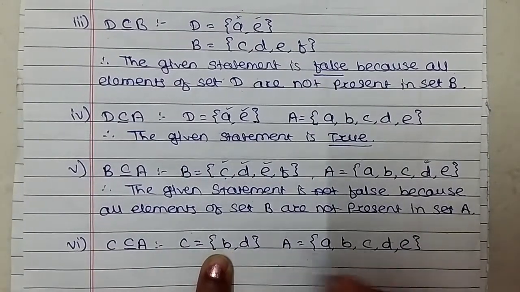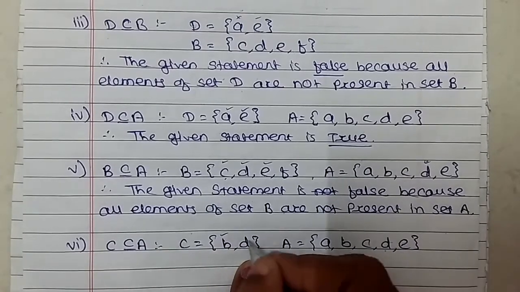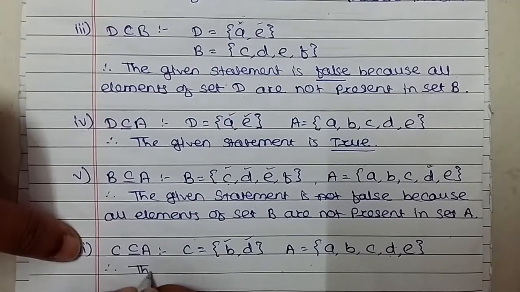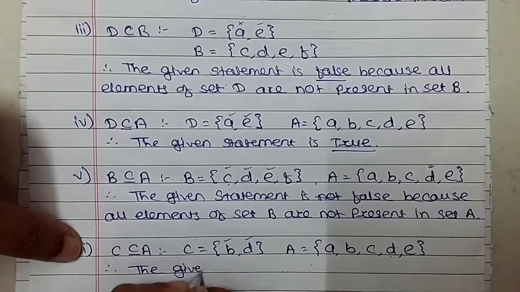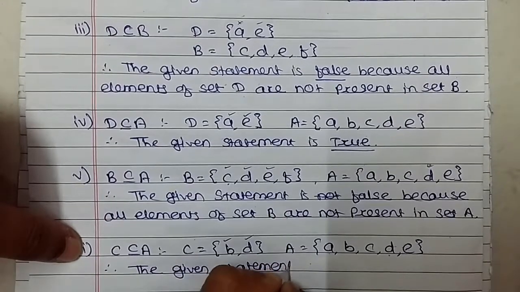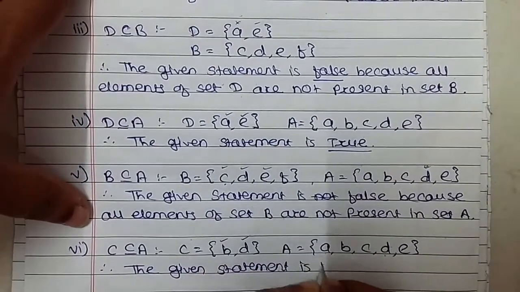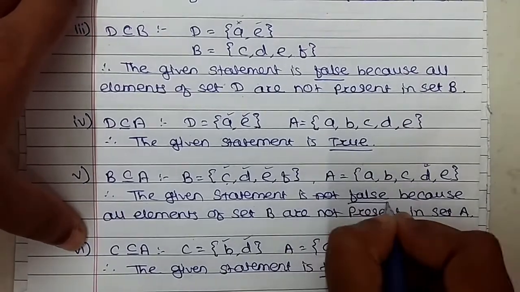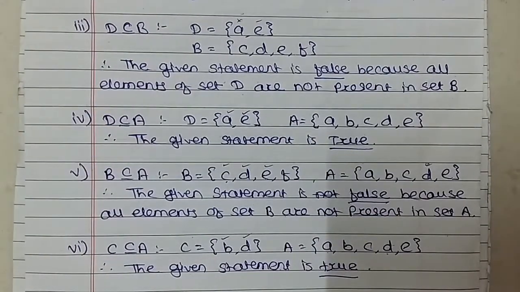B is present, D is also present. So therefore the given statement is true. Clear? Because all the elements of set C are present in set A.